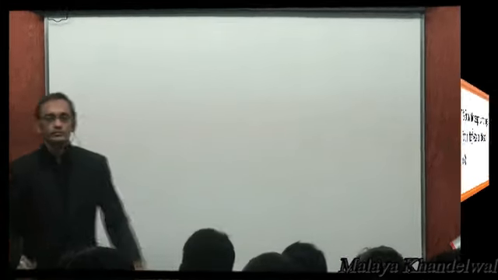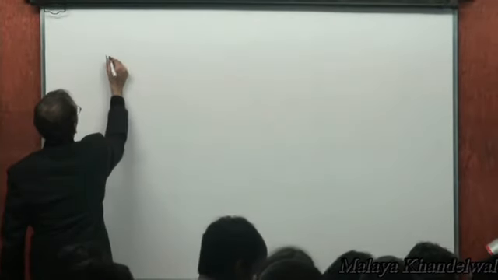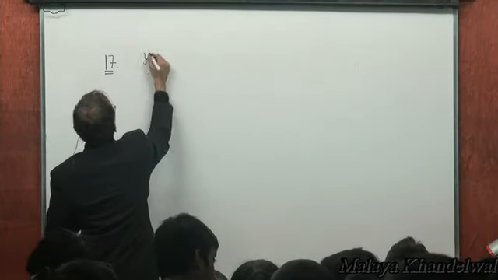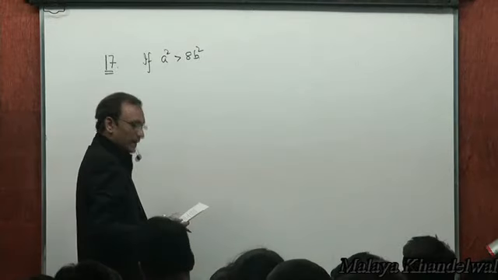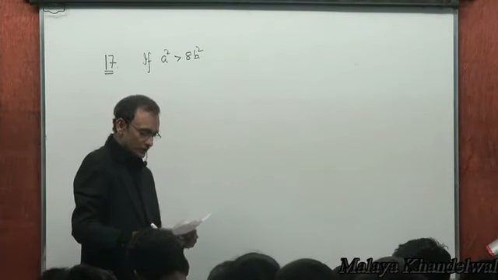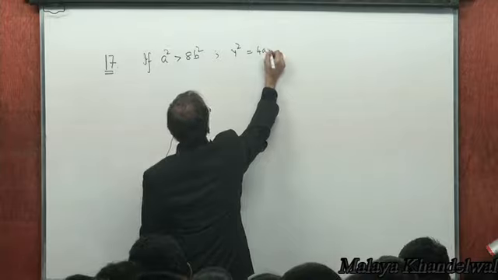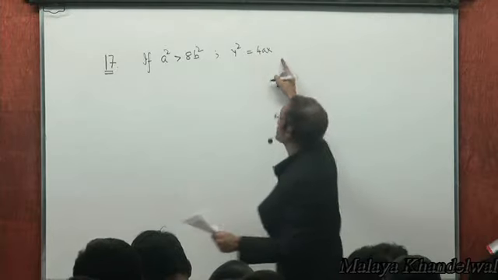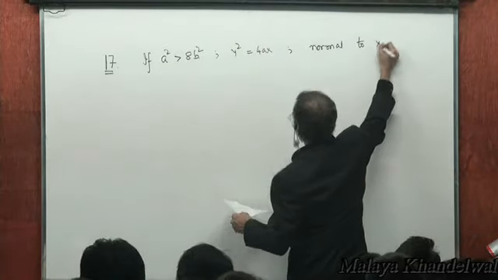Okay, 17. Your attention, please. If a squared greater than 8b squared, the problem says if a squared greater than 8b squared, then there exists a point such that the 2 tangents drawn from that point to the parabola y squared equal to 4ax are normals to parabola x squared equal to 4by.